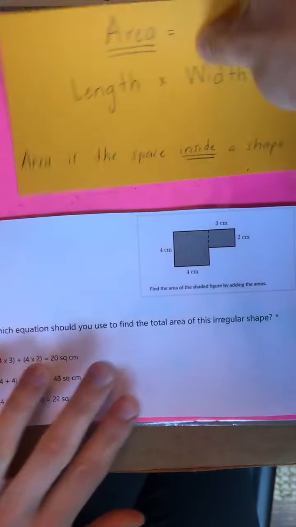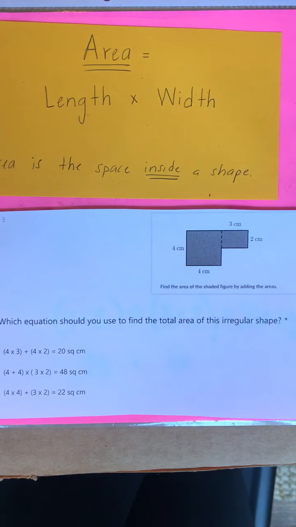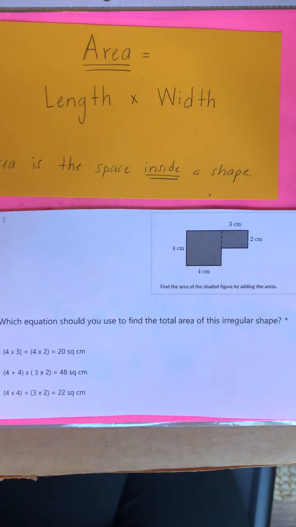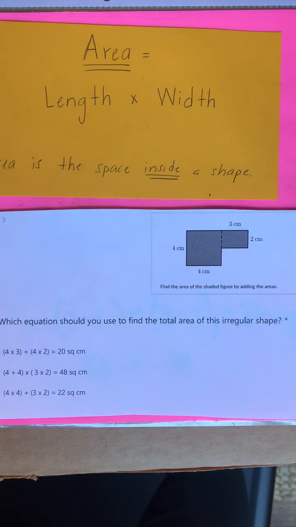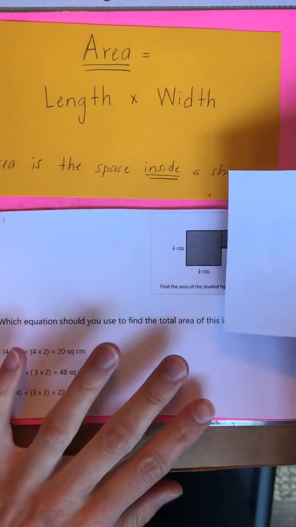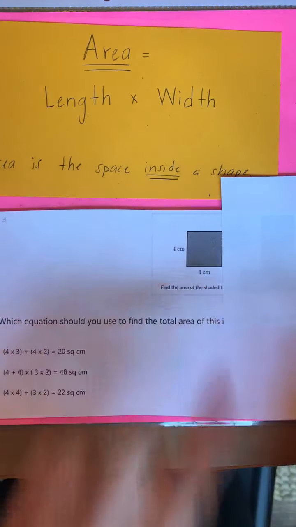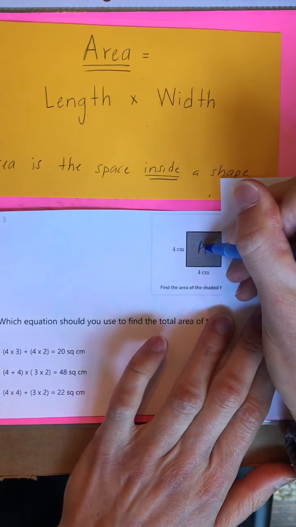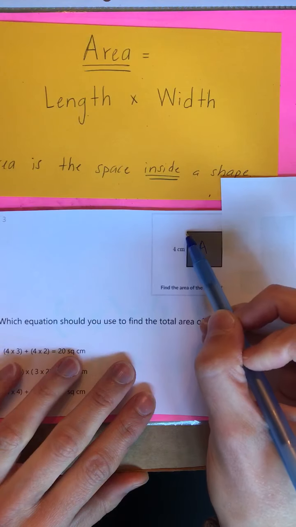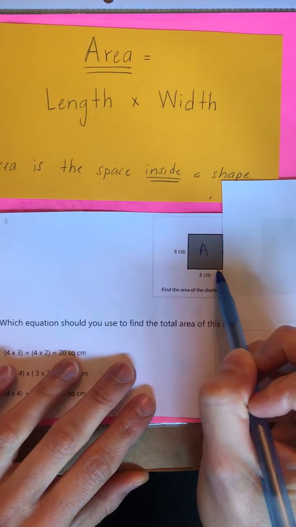Number 3 is just like number 2. It says, which equation should you use to find the total area of this irregular shape? So, I'm not going to cut this one up, but I'm going to cover part of it with a piece of paper so that I can just focus on, I'll call it A. So remember, my area of A is my length times my width.